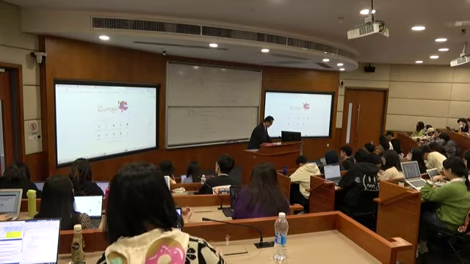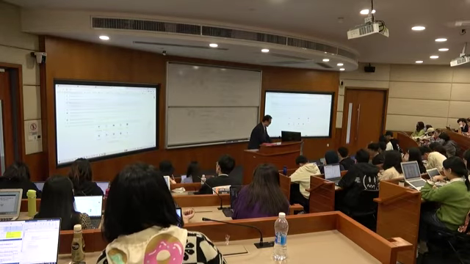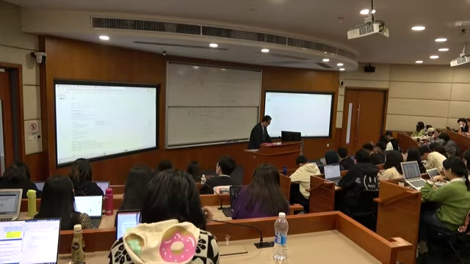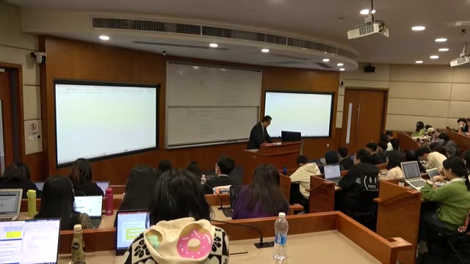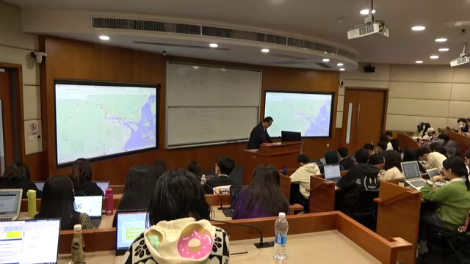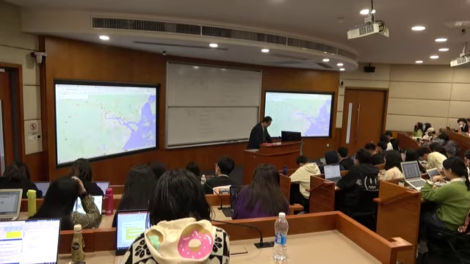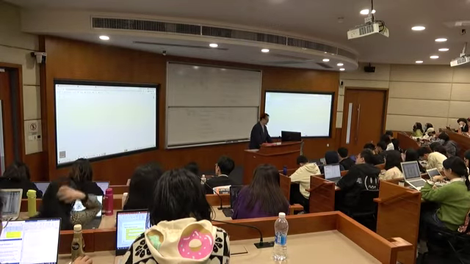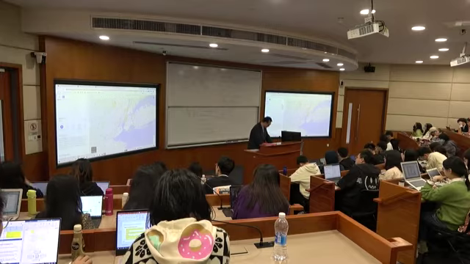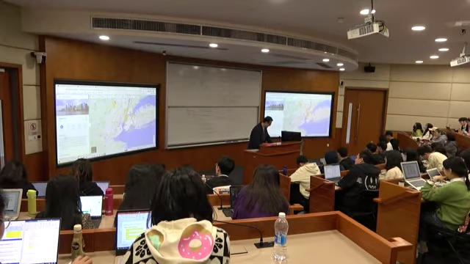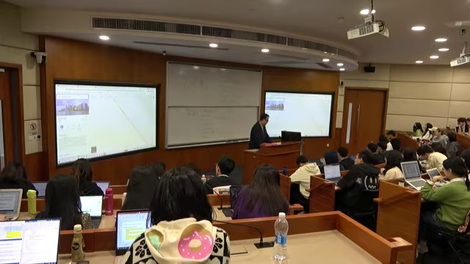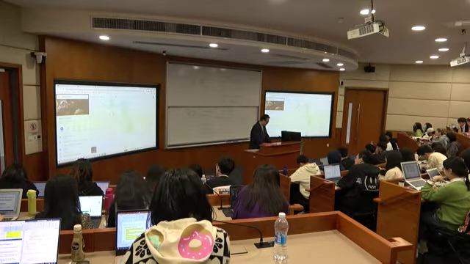Let's look at Google Maps. New York City. If you want to go to New York City, maybe we'd better go from K University. So here is our campus, K University.